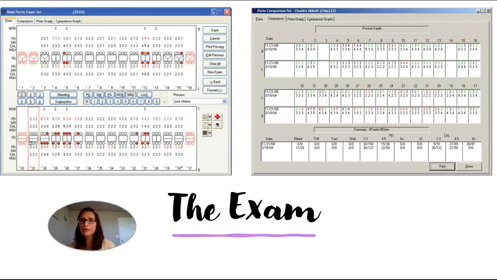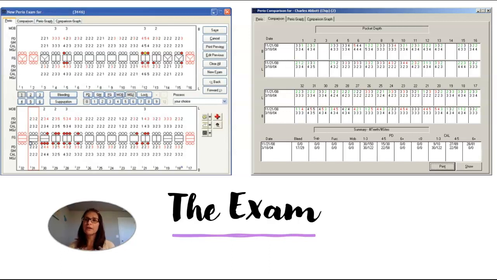They're also going to be probing for pocket depths. And pocket depth is determining the amount of epithelial tissue attachment that is present. Again, there's going to be different levels to that, starting with 1 and working your way up. 1 being normal, 2 being normal, 3 is still considered normal.